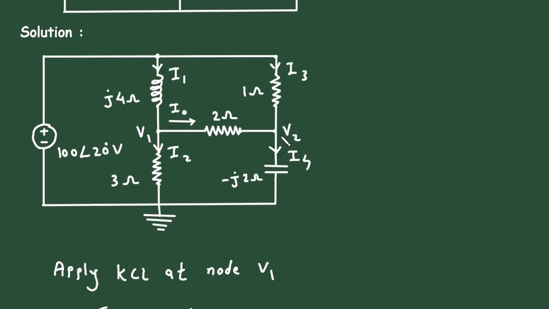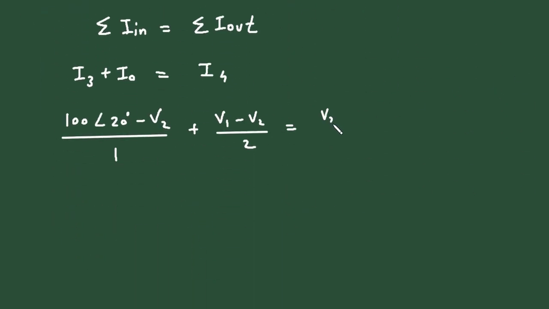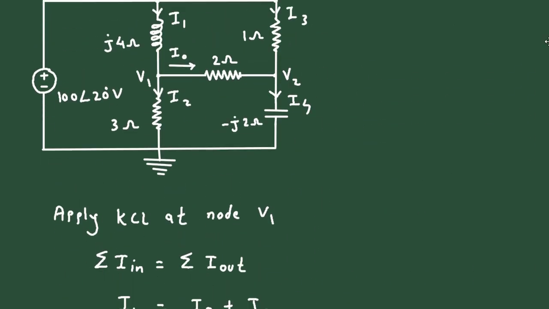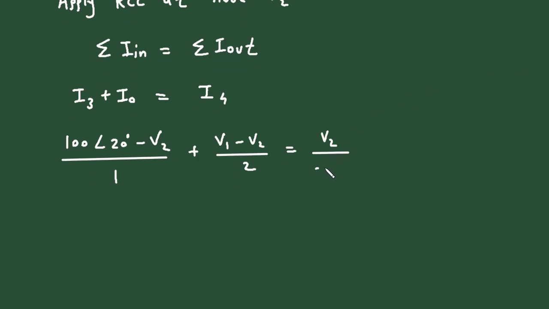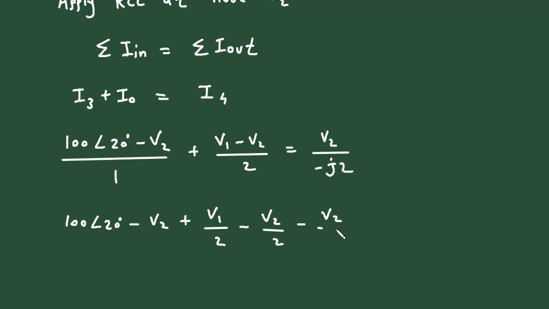So I4 is V2 minus 0 divided by minus j2. So 100 at an angle 20 degree minus V2, then plus V1 divided by 2 minus V2 divided by 2, and if we take this on left side, so it will be minus V2 divided by minus j2 is equal to 0.